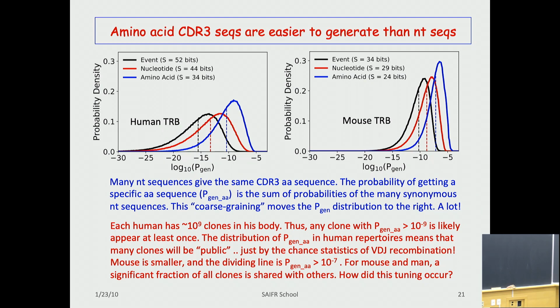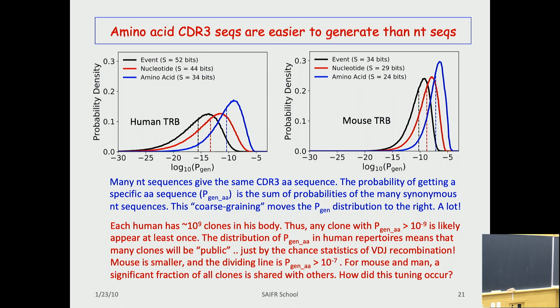Okay, what is amusing is what happens for mouse. Mouse is smaller by about a factor of 1,000 in size, number of cells in their immune system. And let's see, for mouse then we decided that the dividing line is probably p-gen of order 10 to the minus 7. And interestingly enough, for mouse, the distribution is already higher, towards higher probability because of the way the generative machine is structured.